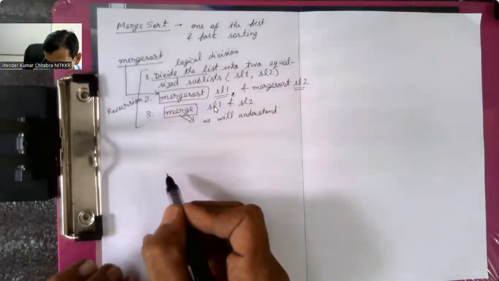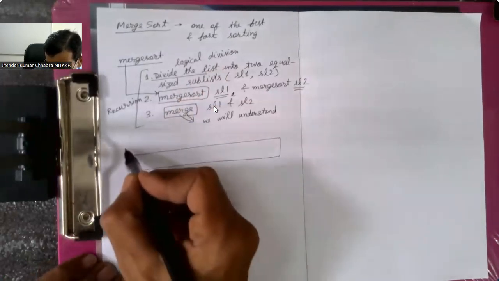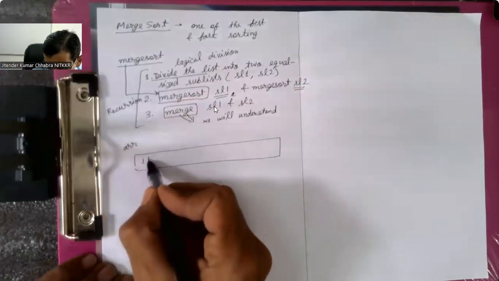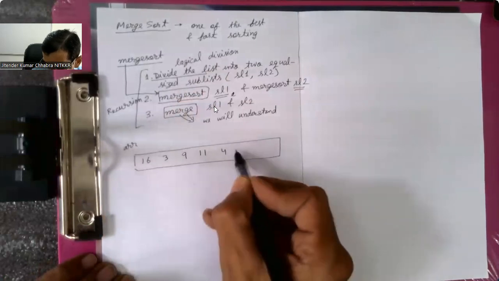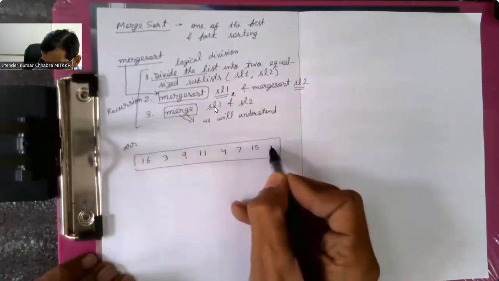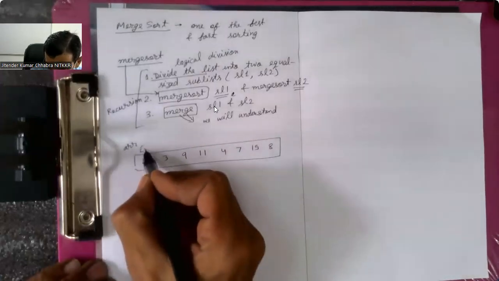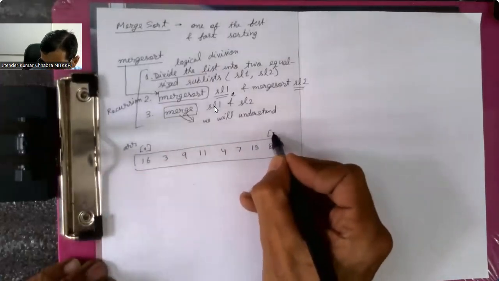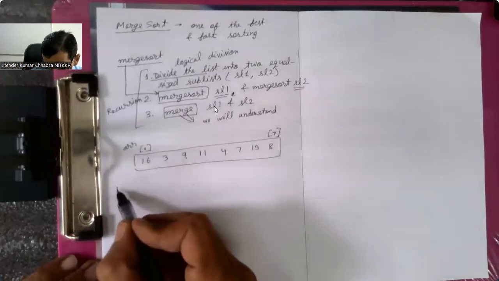What does that mean? Let's assume I had a list. Say I had an array ARR with values 16, 3, 9, 11, 4, 7, 15, 8. So this list has indices 0 to 7, a total of 8 elements. Step 1, divide.